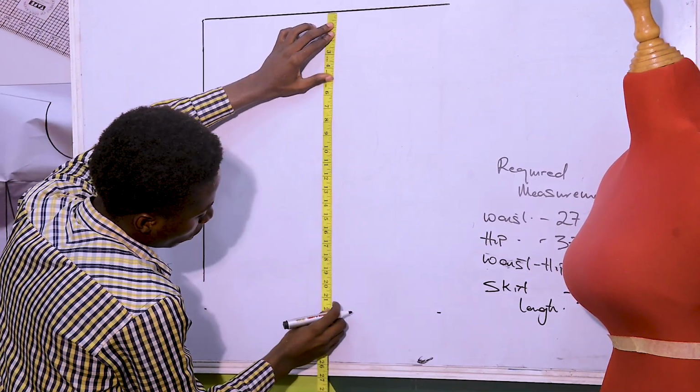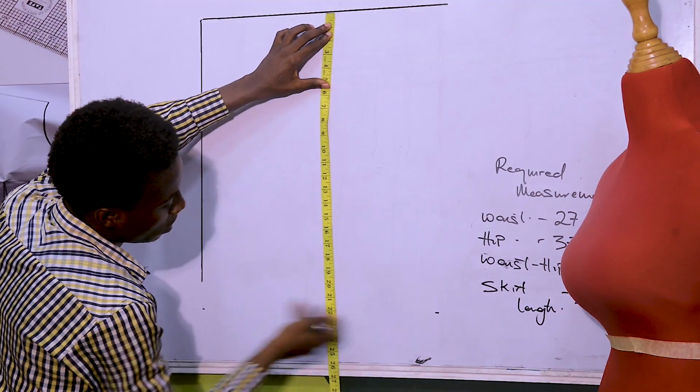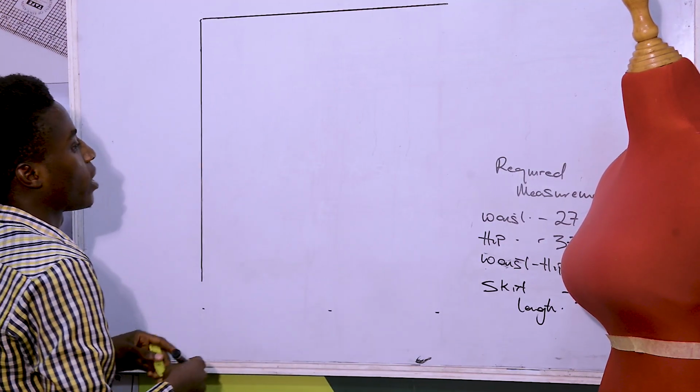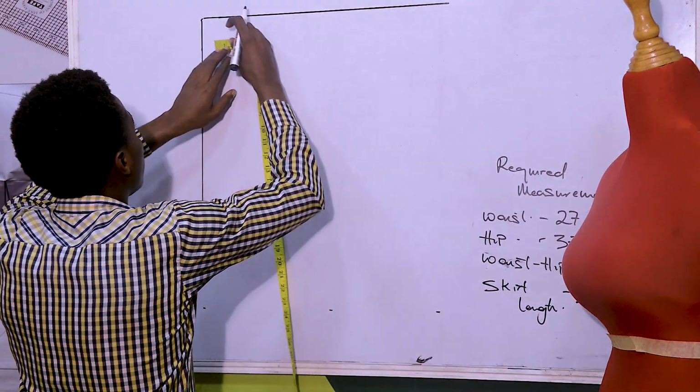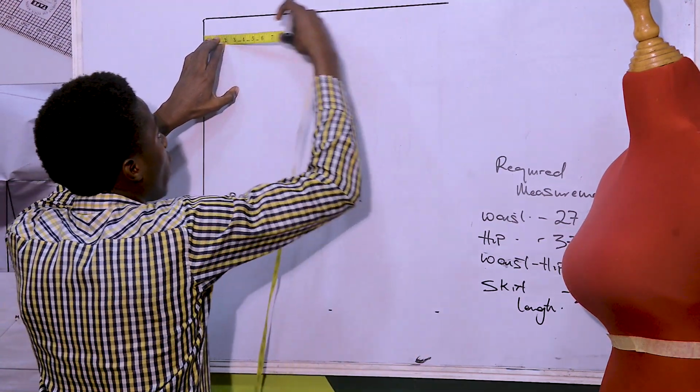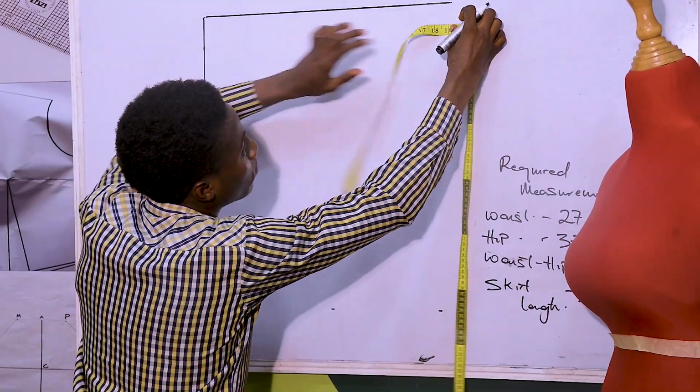Let me take it at the midway so that by the time I'm connecting the line, I'm sure of getting a straight line. So now by the width, half of the hip measurement, I have my hip as 37, so half of it is 18.5.